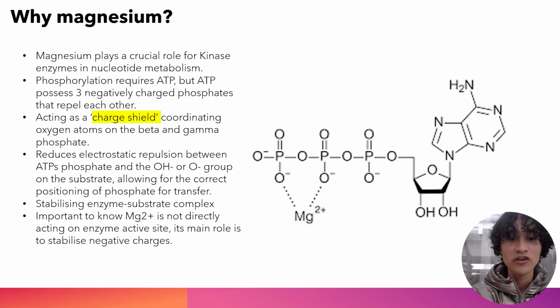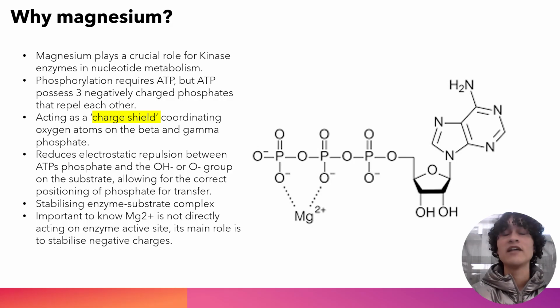It's important to know though that the magnesium's not directly acting on the active site of the enzyme. Its role is to stabilize the negative charges, hence it's not consumed or used up. It's not changed, which is why we're not including it as a product. It's reducing that electrostatic repulsion between ATP's beta and gamma phosphates and the hydroxyl group on the deoxyribose sugars of the nucleosides.